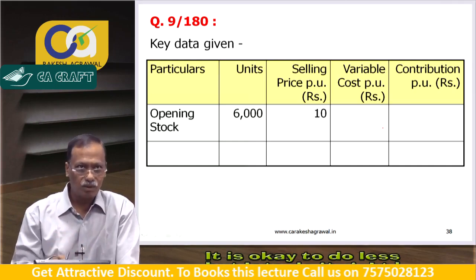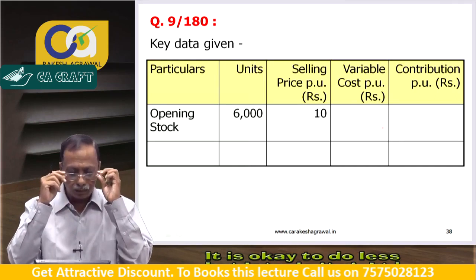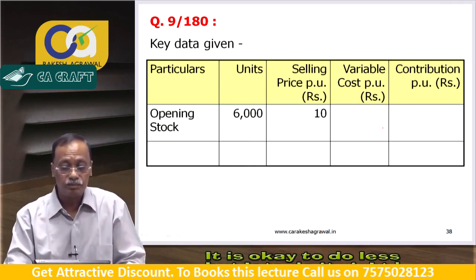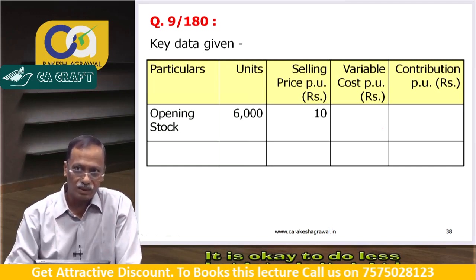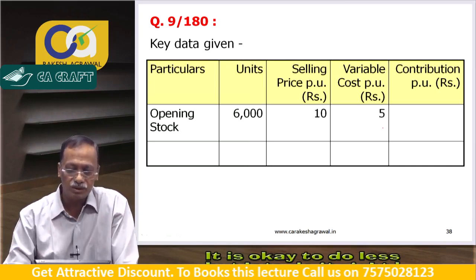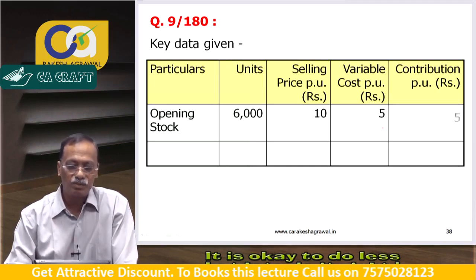For the current period, the price is 10 rupees, whether you sell out of opening stock or out of current production, it doesn't matter to the customer. But variable cost for you, you know that it was last year's stock and the variable cost was only 5 rupees. So if you sell these 6,000 units, your contribution per unit will be 5 rupees, that is 10 minus 5, because your cost of production was lower last year.